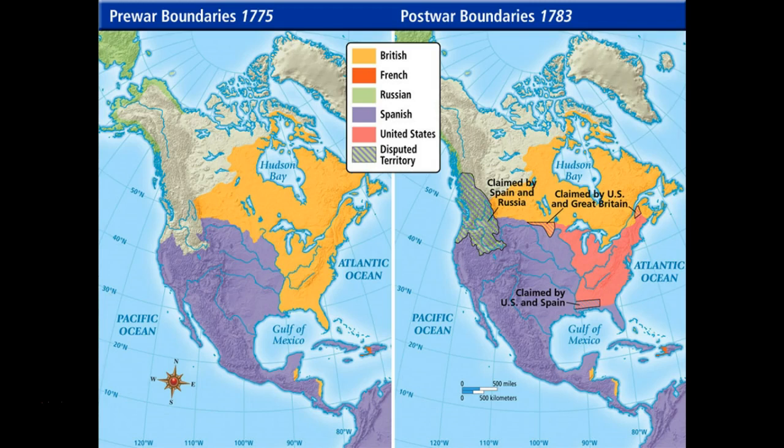And the last thing I'll mention is that even though the British give up this territory, they actually still have a lot of forts in these areas, and they don't abandon those forts. Again, this will be a major point of contention when it comes to the War of 1812. Get the British out of American territory. So we're pushing towards another war already, even though we've simply ended this one.